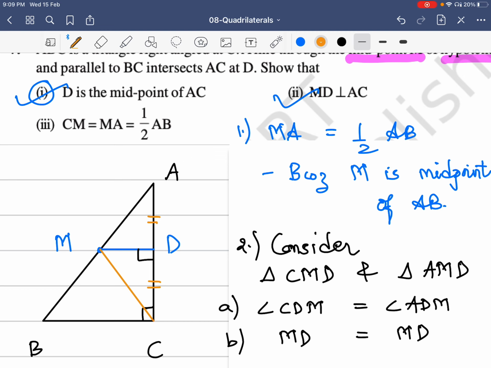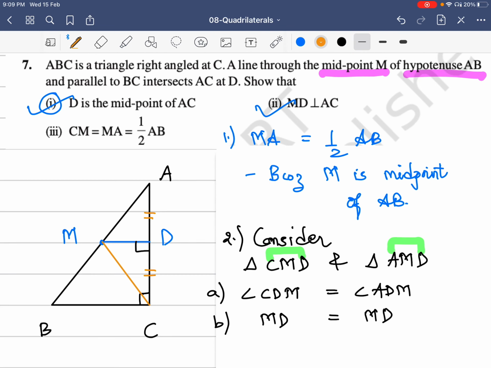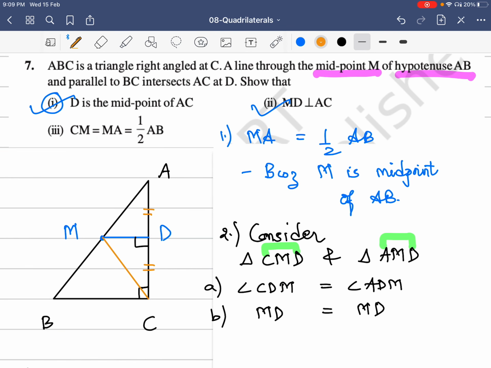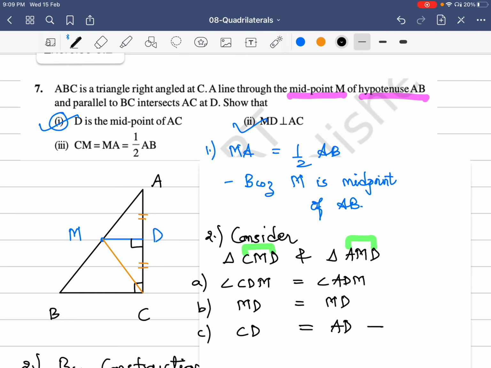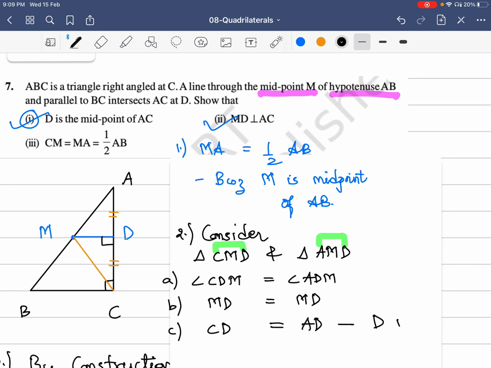So just to highlight this thing, CD will be equal to AD. 1-to-1 correspondence. So let's try to zoom out a bit. So point number 3 is going to be CD is equal to AD. Why? Because D is the midpoint. So let me just write it here. D is the midpoint. That is from first statement.